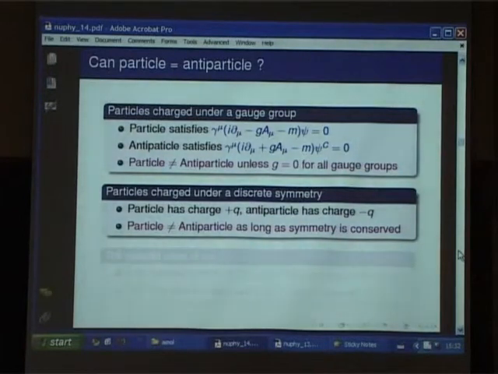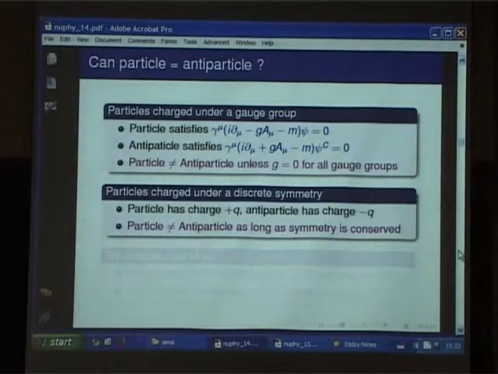If a particle has parity equal to +1 and the antiparticle has parity equal to -1, you can't have the same particle with both. So as long as the particle has a charge under some discrete symmetry, it can't be its own antiparticle.